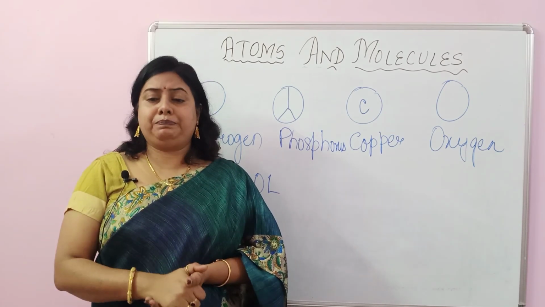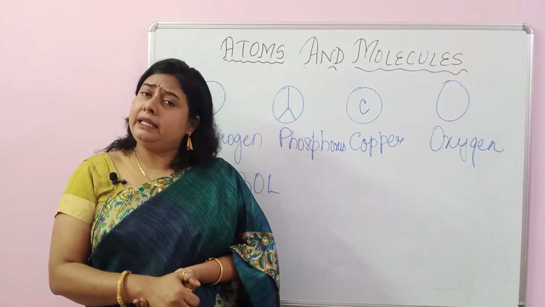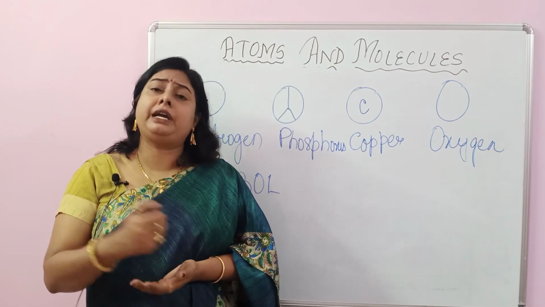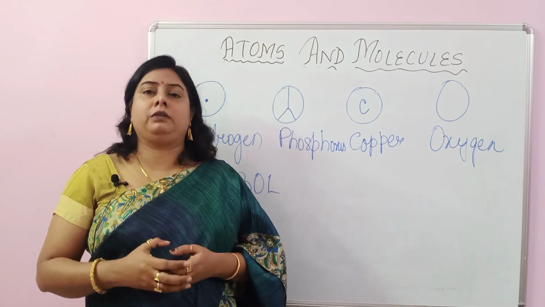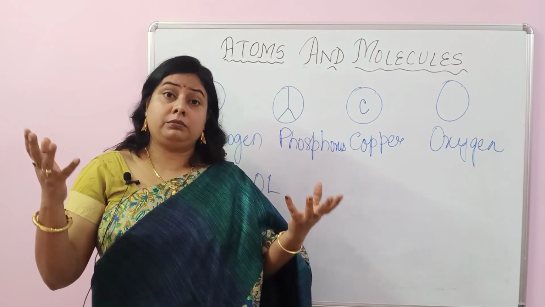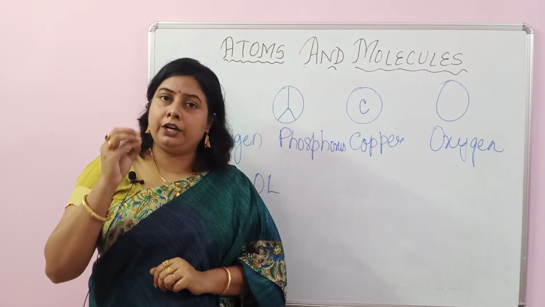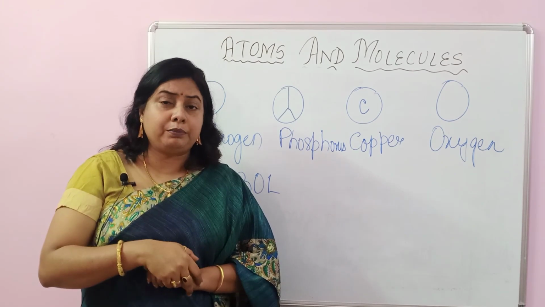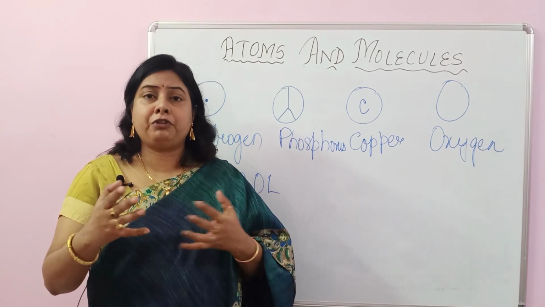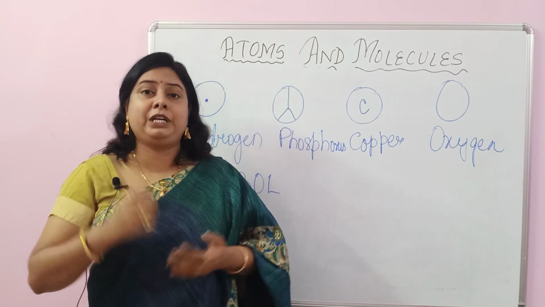Now, actually, atoms are so small that they cannot be seen by our naked eyes, not even by very good microscopes. Think of hydrogen, which is the smallest atom. It has an atomic radius in the range of 0.037 nanometer.